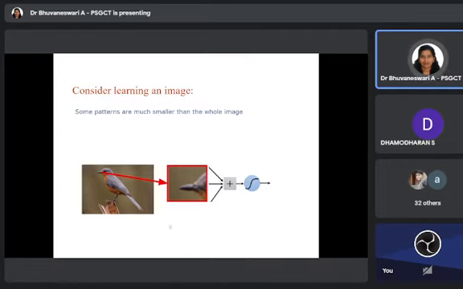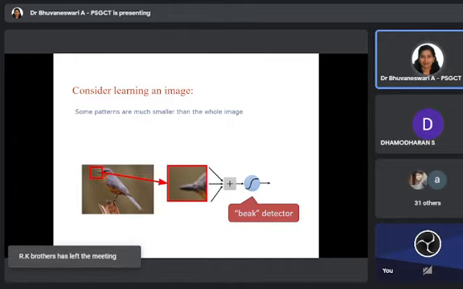This symbol indicates the activation function that is suitable, and the activation function is also referred to as the beak detector. It is the activation function that confirms whether it's a beak or not.